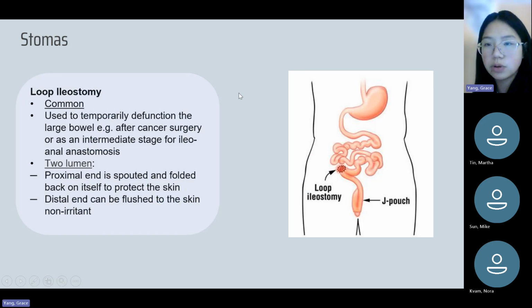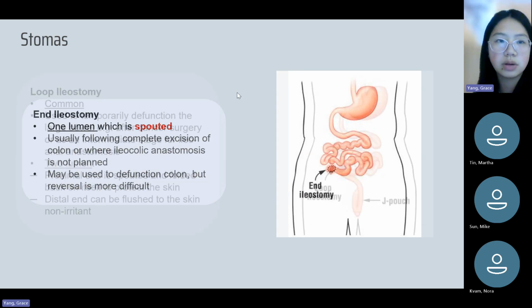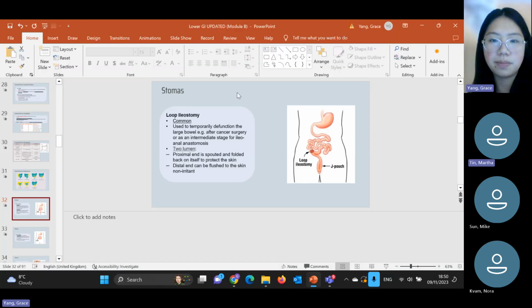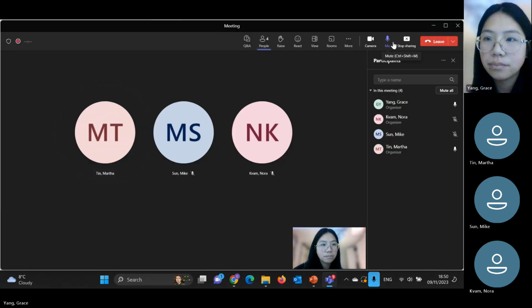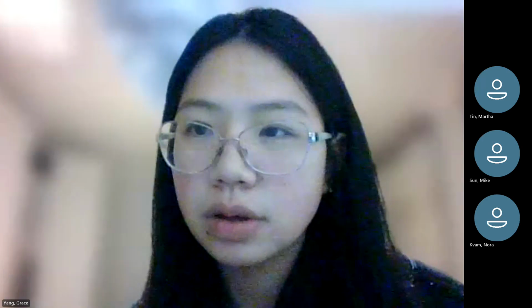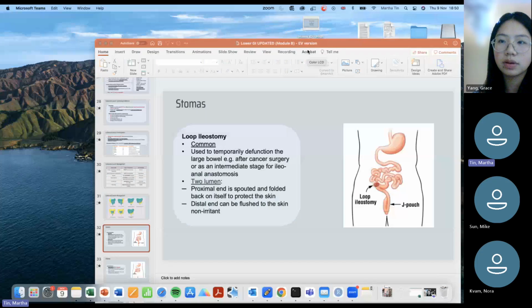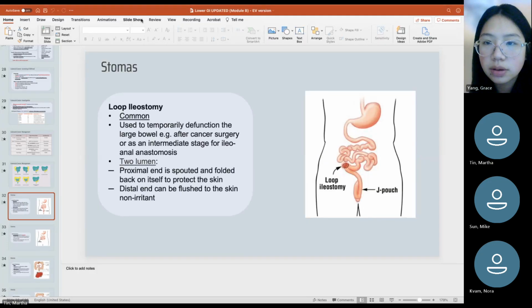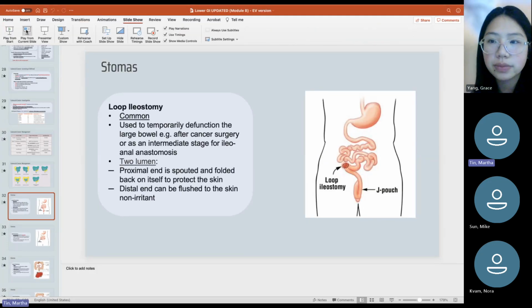And now I'm going to hand over to Martha. Yeah, I can share my screen. Yeah, that'll be perfect, thank you. Cool, can you see that? Yeah, perfect.